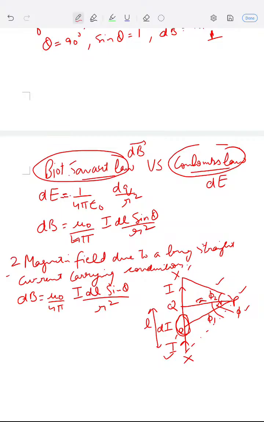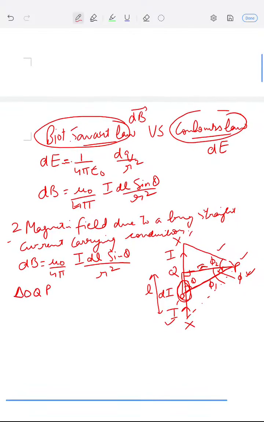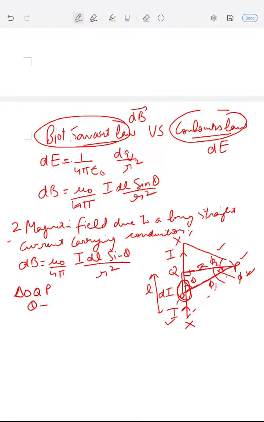From the right triangle OQP, this is the 90 degree, this is phi, this is theta. So in triangle OQP we have chosen, theta plus phi equals 90 degree, and theta is 90 minus phi.